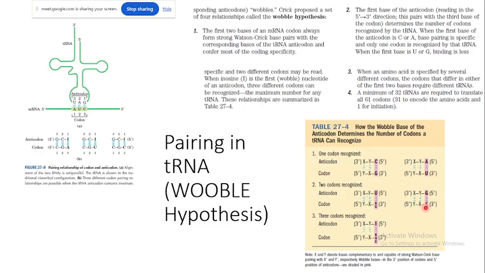Similarly, YXC and YXU have the same first two nucleotides, and they require only one tRNA to detect, because this G in the wobble position can base pair with both C and U. So those two can be recognized by the same tRNA.